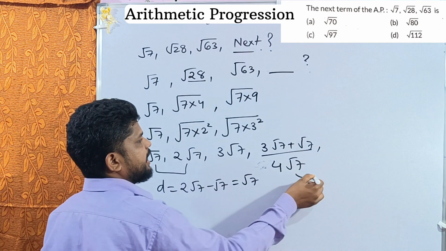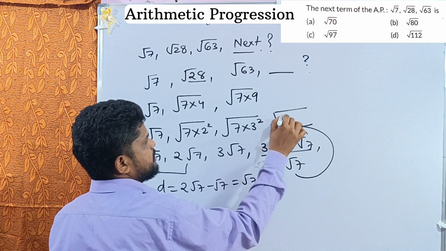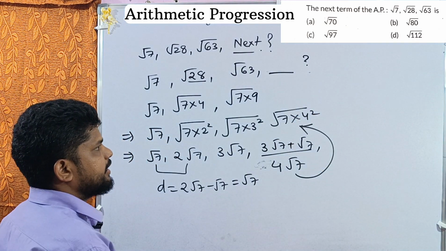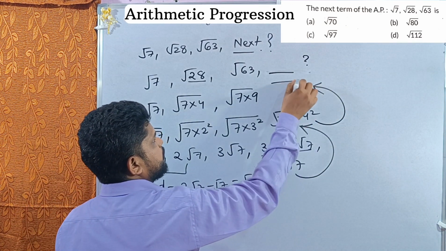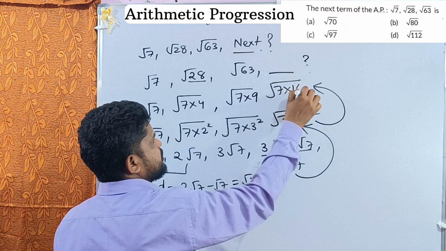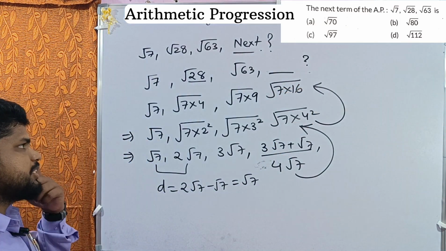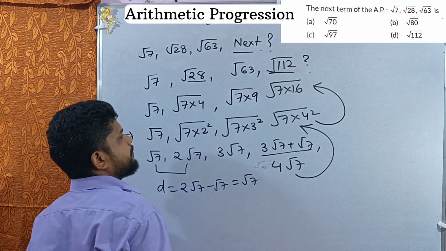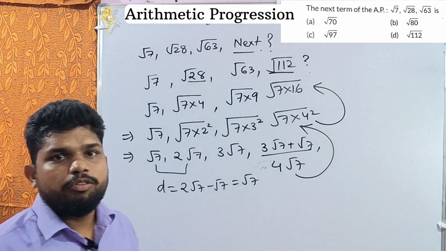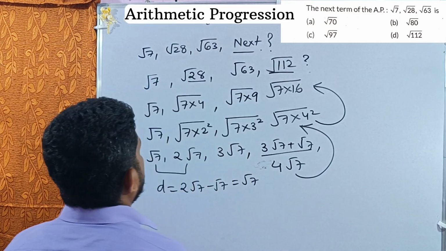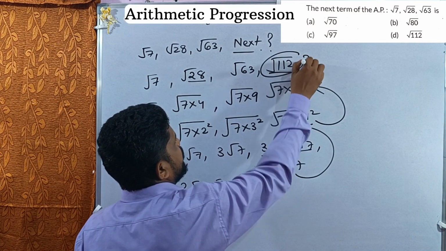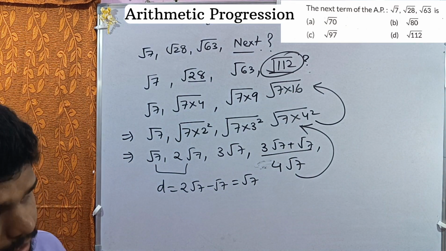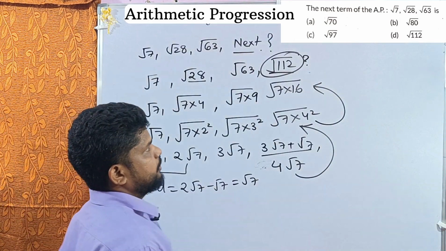I can write this as root 7 into 4 squared, that is root 7 into 16, and 7 into 16 is 112, because 16 sevens are 112. So the answer is root 112, which is option D. Option D is correct.